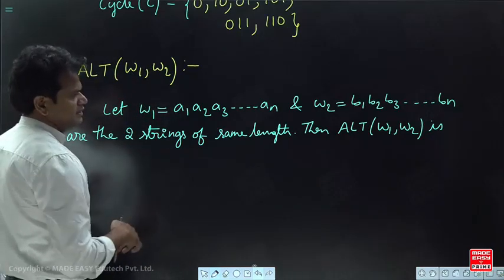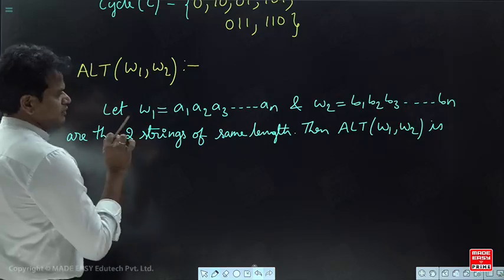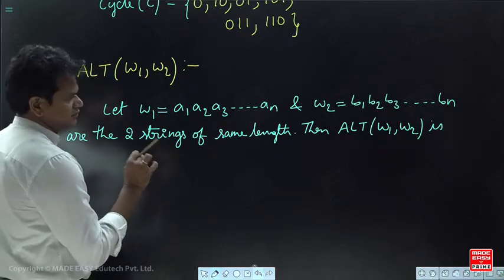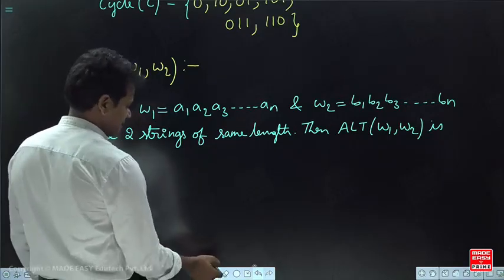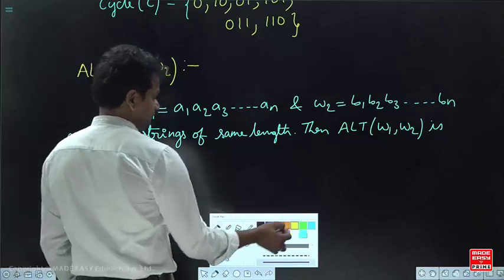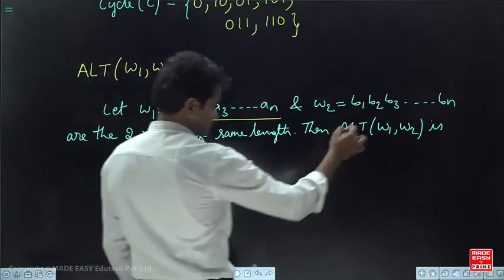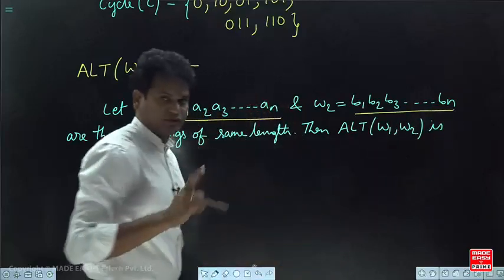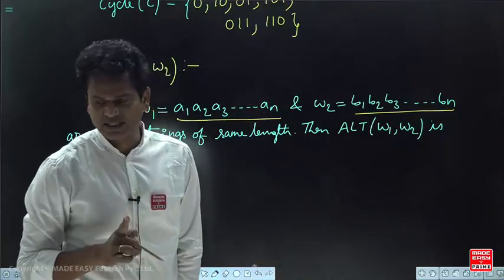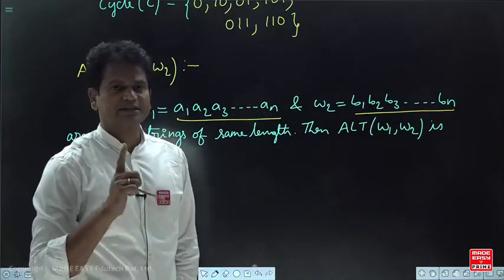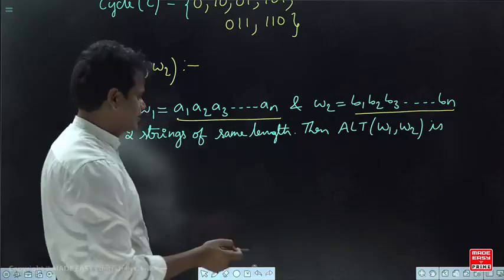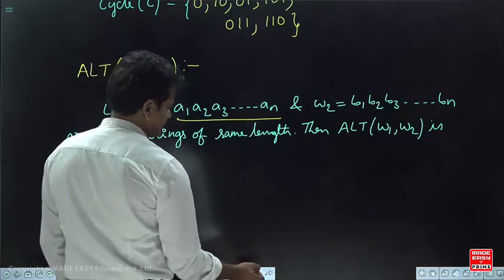Directly I'll tell you, I'll give the definition later. Whenever you are writing the alter of two strings, they must have same length. See, n symbols. Here also n symbols. So whenever you are writing alter of two strings, they must have the same length. If lengths are not same, you cannot write alternative.